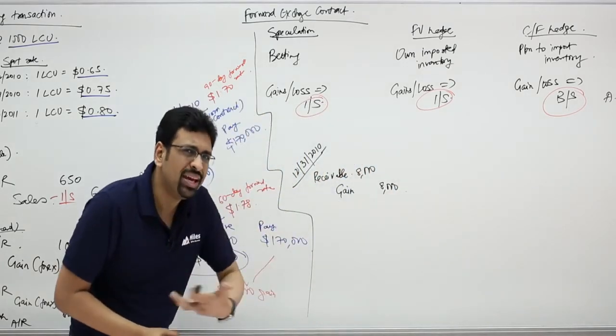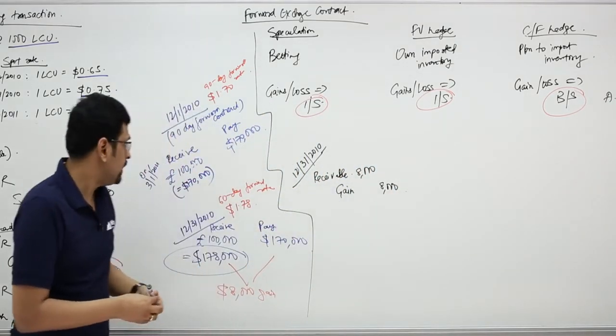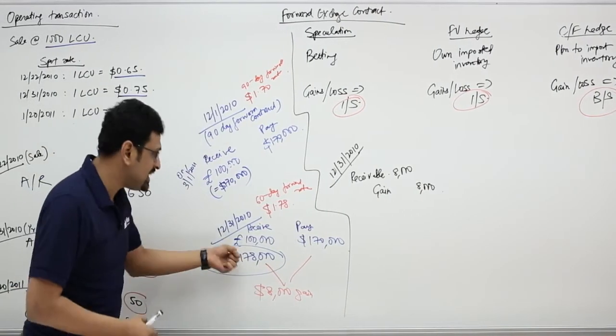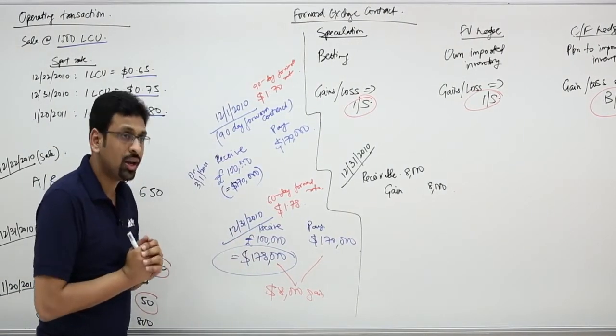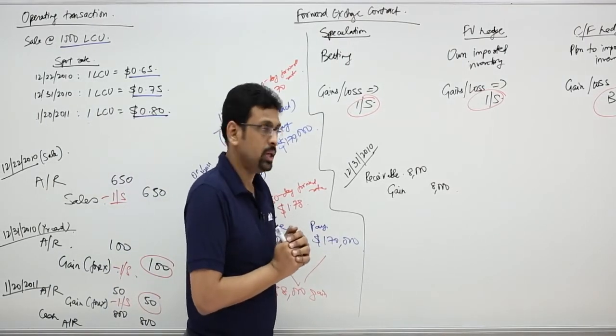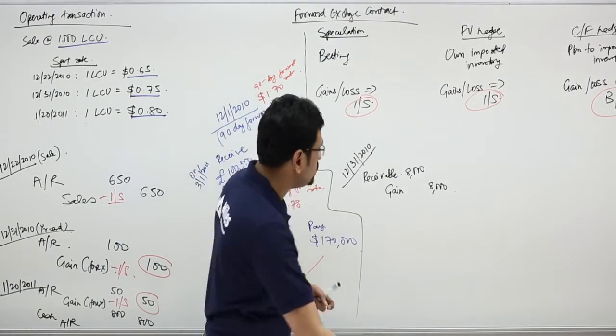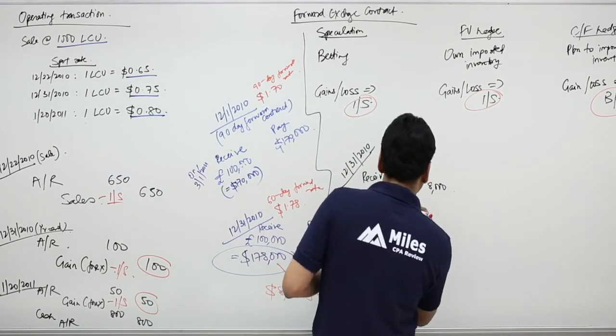Because for derivatives, there'll be a net settlement. So you could say they have a receivable of $178,000 and a payable of $170,000. That's a gain of $8,000 which goes to the income statement.